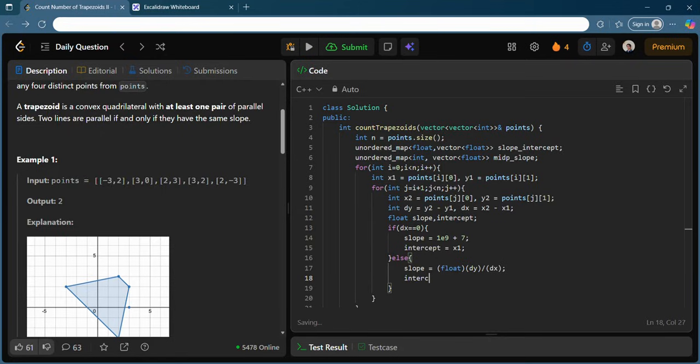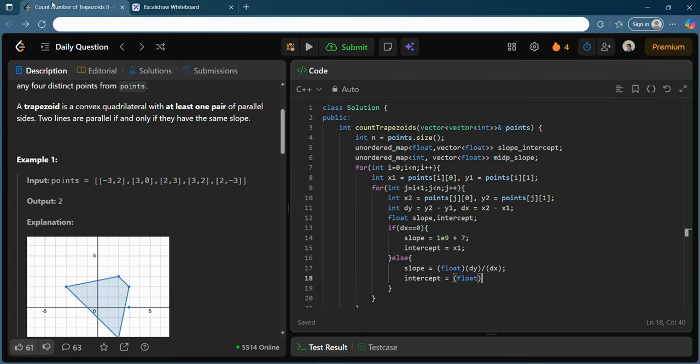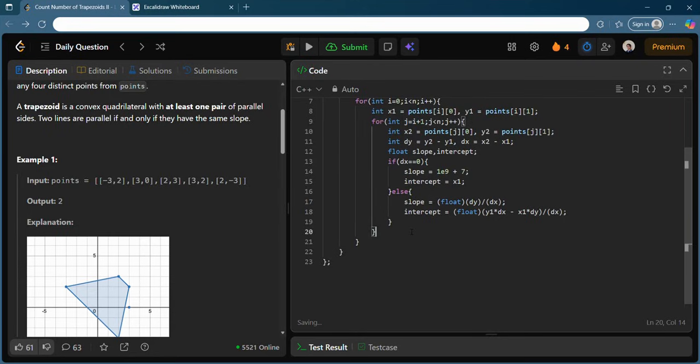But what is the intercept? We calculated it just now: float of (y1 dx minus x1 dy), whole divided by dx. That's how we calculate the slope and the intercept.